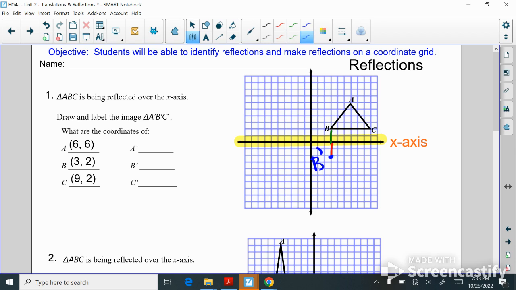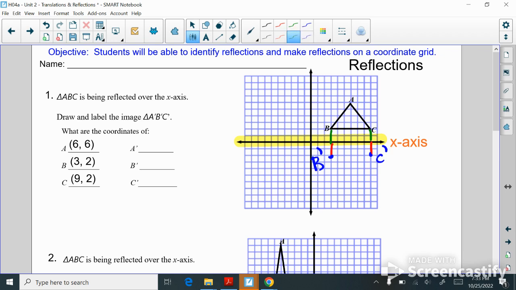And we're going to do that for each point. So again, C is 2 away from the x-axis, which means on the other side of the x-axis, it also needs to be 2 away, making it C prime.